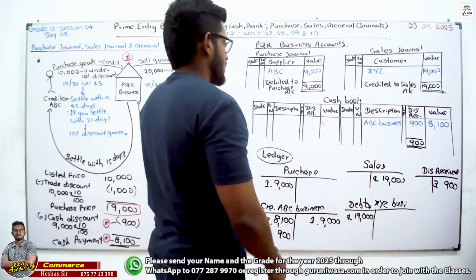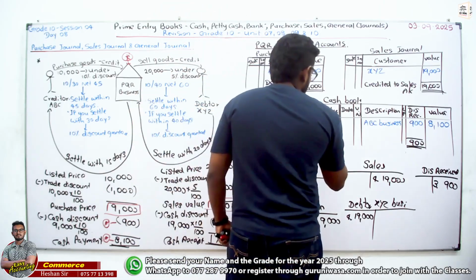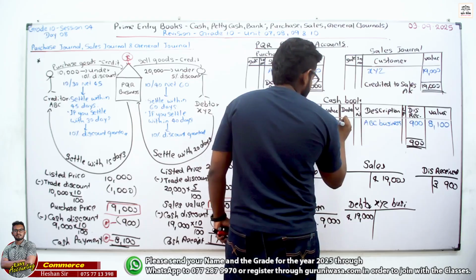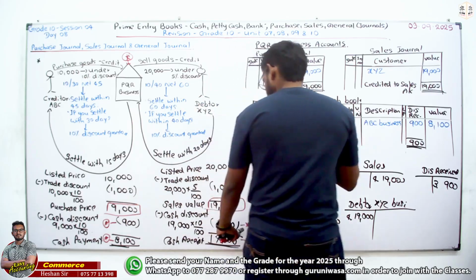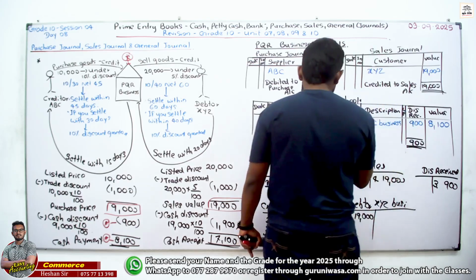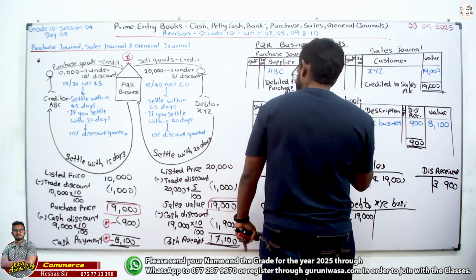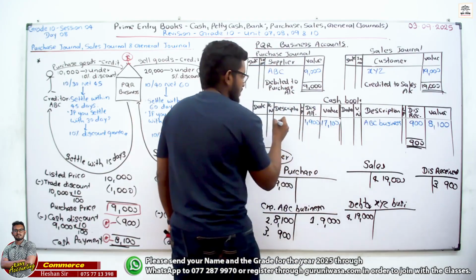But I'm receiving only 17,100. Why? I allowed how much? I received only 17,100 because I allowed 1,900 of discount to XYZ.